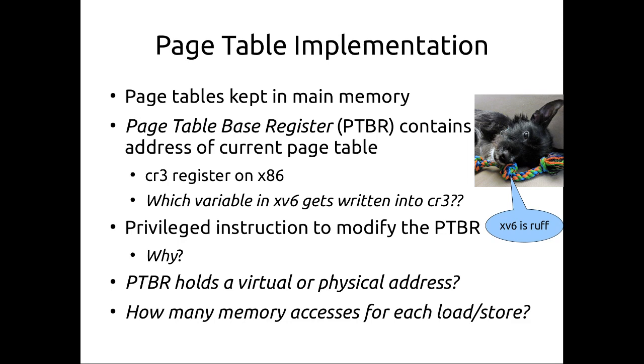If a process were able to switch active page tables, then it might be able to access memory that it should not be able to, right? So this is, at the very least, going to hard crash the system. So you only want the kernel to be able to modify the PTBR and to control which virtual address space is active at any point in time.